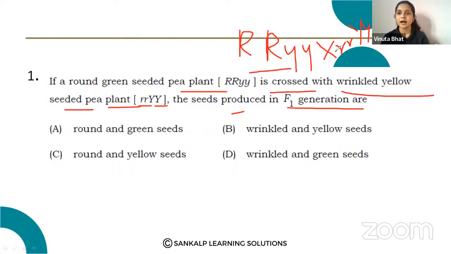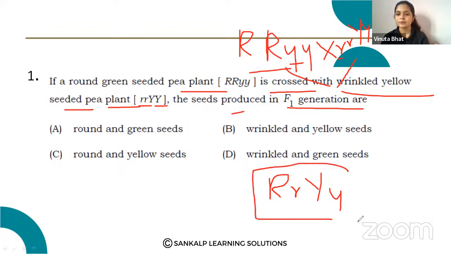Capital R and capital Y are the dominant characters and small y and small r are the recessive characters. What type of plants will form in the F1 generation? In the F1 generation, capital R, small r, capital Y, small y. That is round yellow seeds. So option C is the correct answer for question number 1.